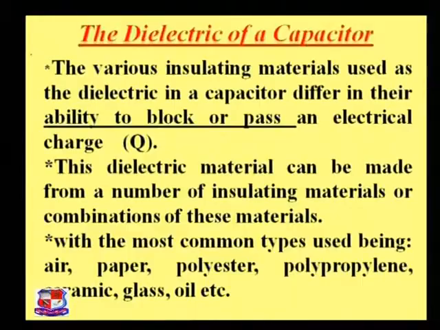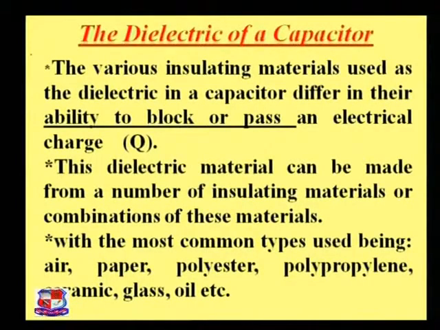You can also combine any conducting or insulating dielectric materials like paper, polystyrene, etc. The most common types are air, paper, polyester, polypropylene, ceramic, gas, oil, etc. So you can use a single insulating material as the dielectric material, or you can combine insulating materials to make the dielectric for the capacitor, which again blocks or passes the electrical charge in different amounts.